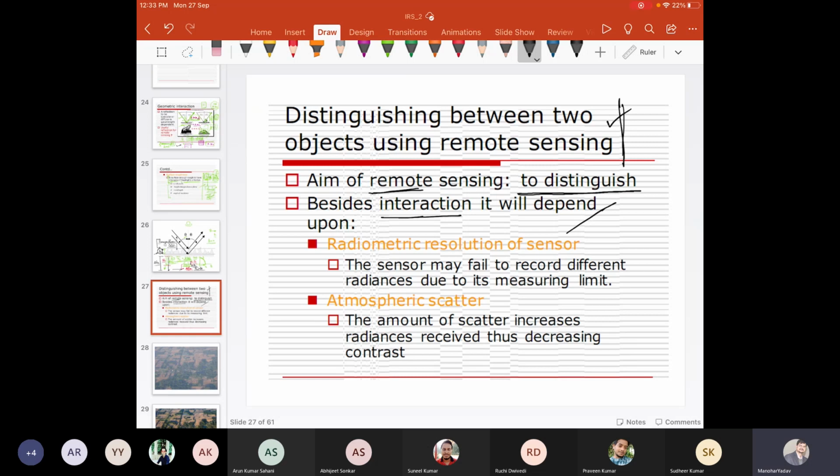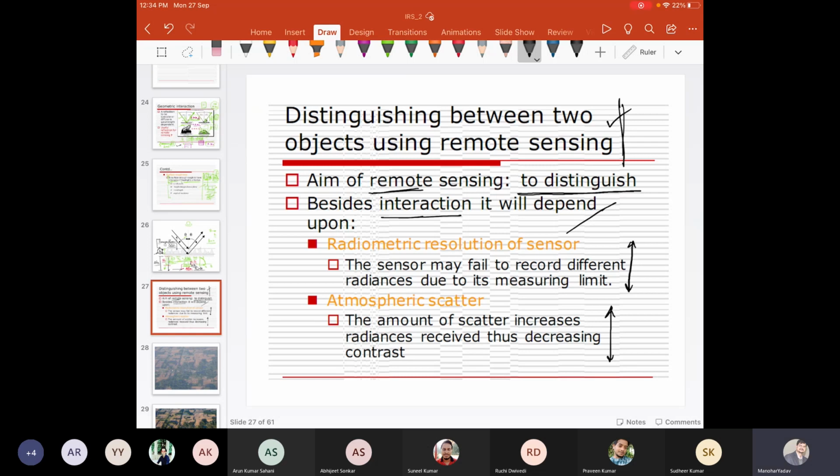What are the properties of the sensors? Obviously we also consider the effect of the atmosphere. So we consider the radiometric resolution of sensors, as well as the atmospheric scatter that we discussed previously, like how the atmosphere behaves to the incoming radiation.